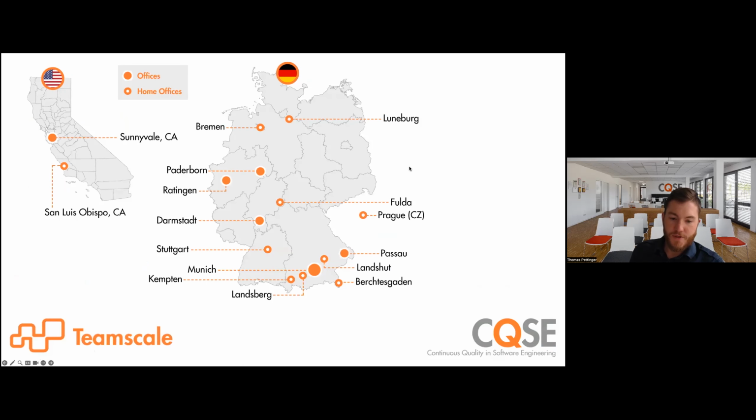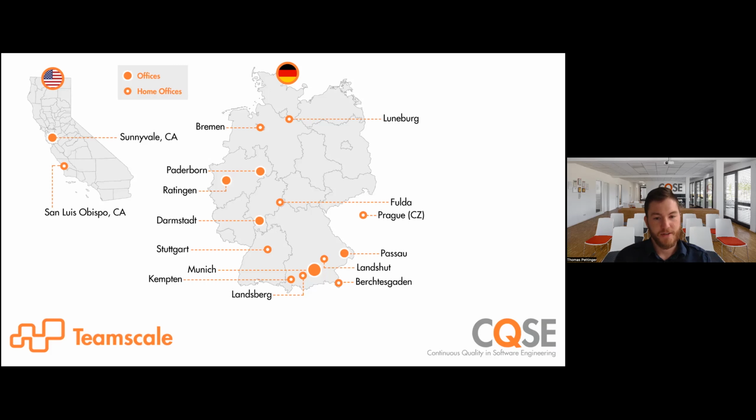Before we dive into the topic, a few more words about our company, CQSE, because I'm not sure if everyone knows us that well already. CQSE was founded around 15 years ago as a spin-off of the Technical University in Munich. So it's a little surprising that our headquarters is also here in Munich. By now, we have a variety of offices and home office locations all across Germany.